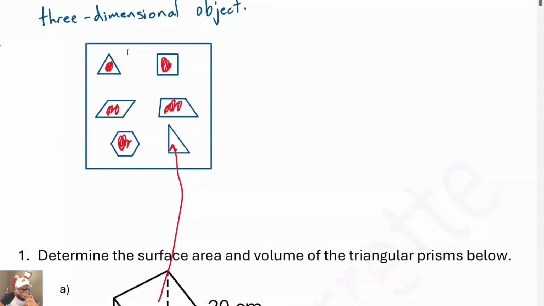So let's write a note to that effect. Identifying the cross section of a solid is everything.